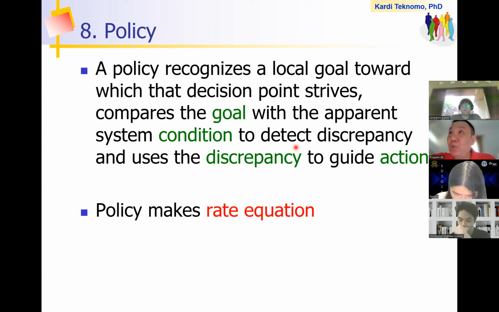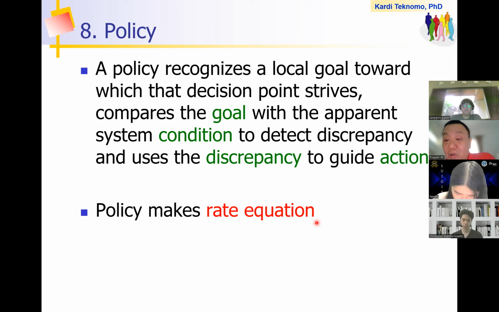This is what you want, and this is the current situation. The goal is something that you want, and then you compare it with the current condition, then you will have what is called discrepancy. Based on that discrepancy, you create action. That action is called policy.